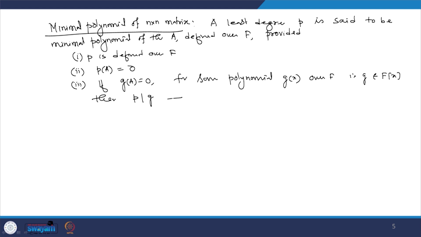Okay. So, the same definition as in the case of the linear operator please.